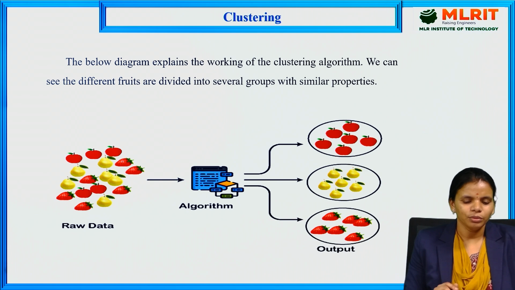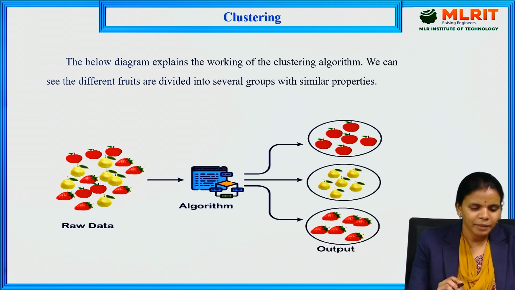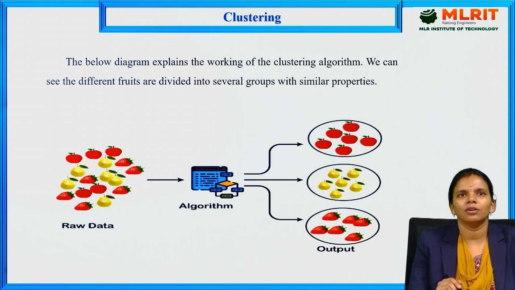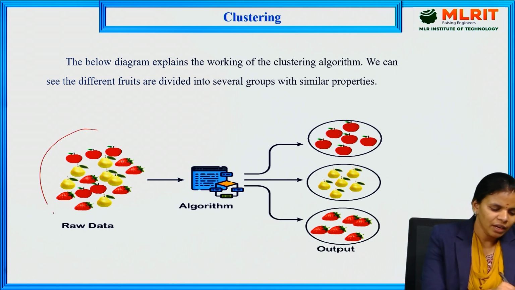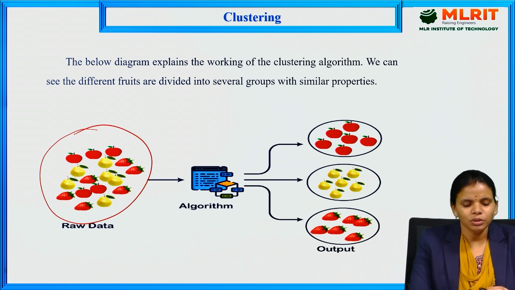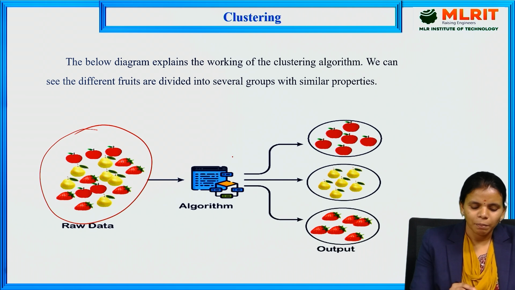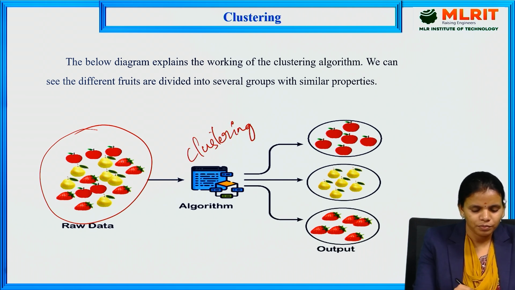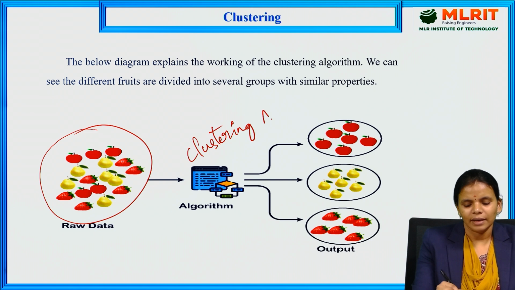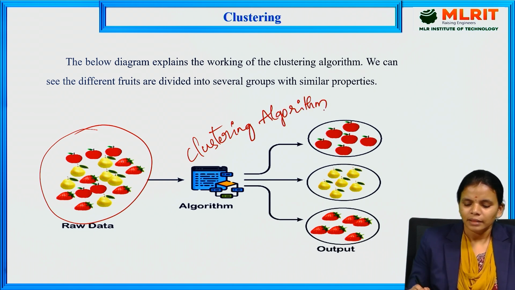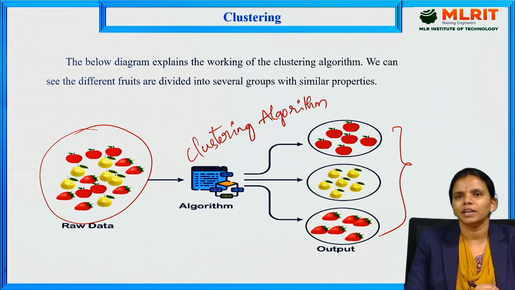So coming to how clustering works. This diagram explains the working of a clustering algorithm. See here we have different types of fruits, and after applying the clustering algorithm on this data set, the outputs are divided into clusters.